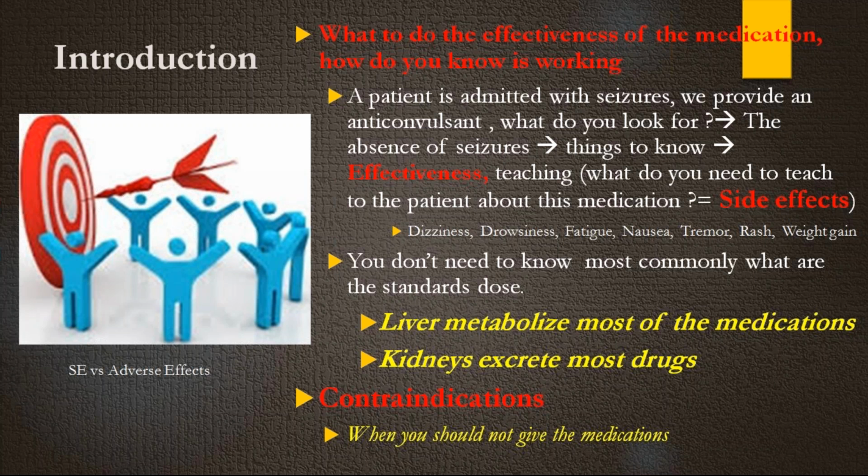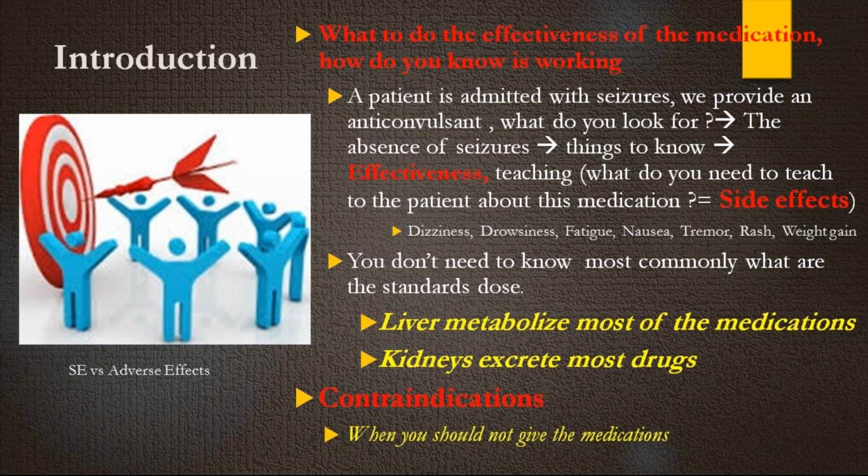If you have 60 milligrams and the half-life time is 4 hours, you start at 8 o'clock, and at 12 o'clock it will be 30 milligrams. So 50% will be eliminated.